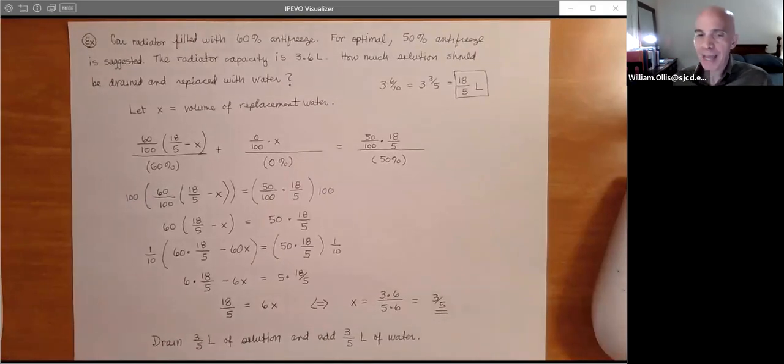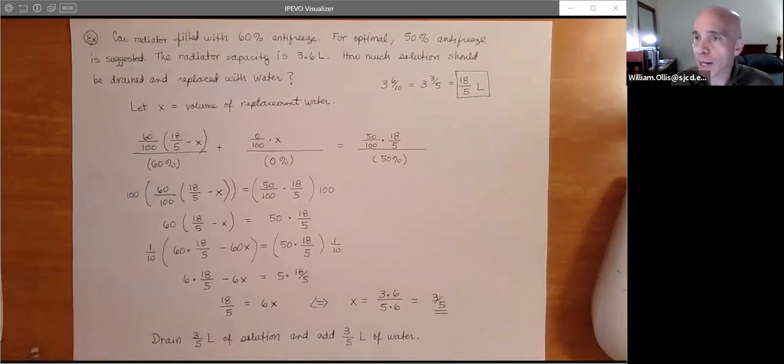So this might be a calculation. Maybe if you take this vehicle into service, they may have a little computer program where they enter the parameters, and the program will spit out what needs to be drained and added. Or you could just take your notebook and do the calculation on the side.